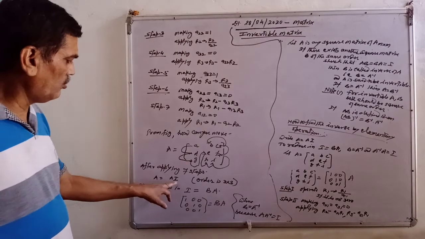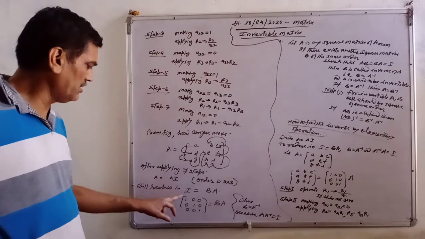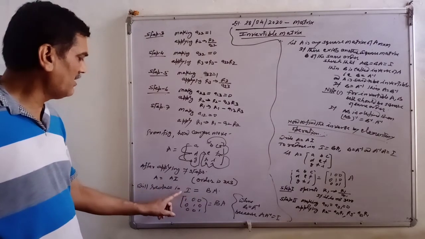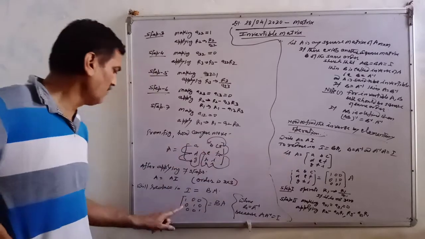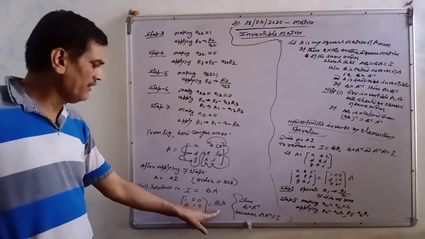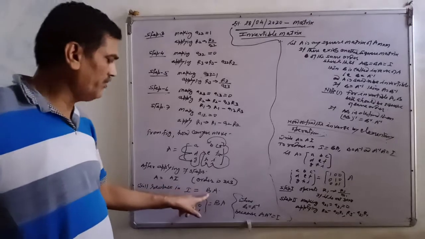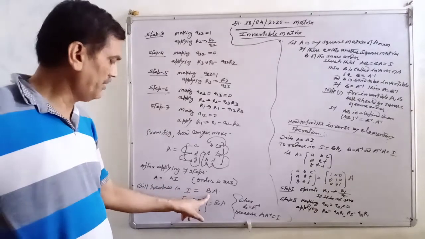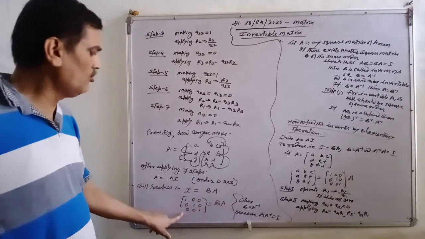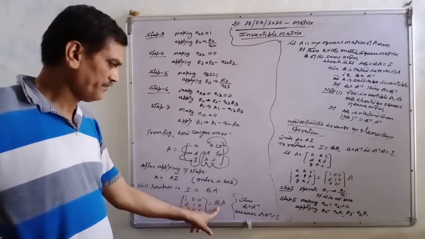So A is equal to AI, you will write in the first step and reduce this to I is equal to B. Means the left side will become the unit matrix, and on the right side, in place of B, you will get the inverse of A. Why? Because A inverse into A is equal to I. Here will be A inverse.